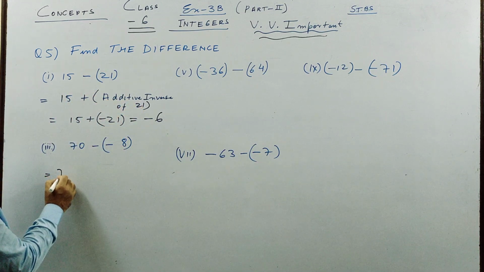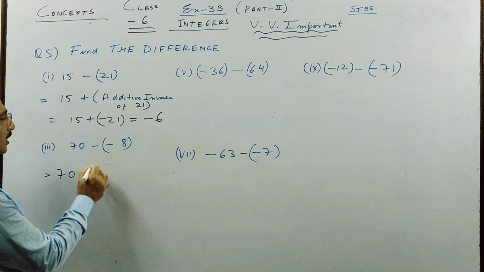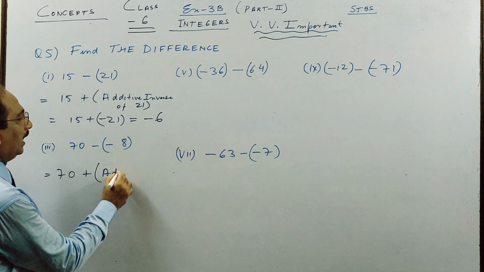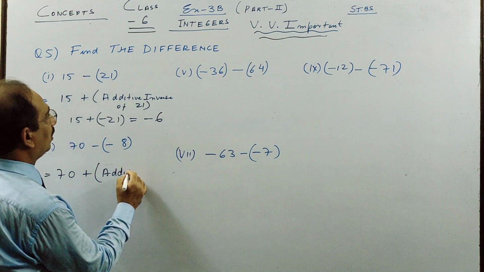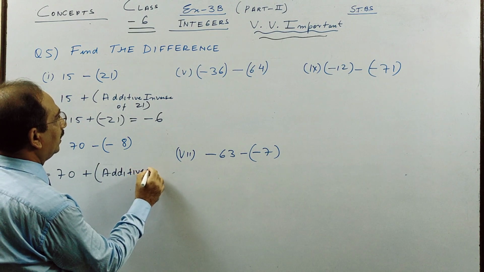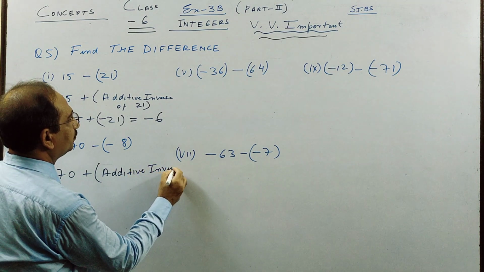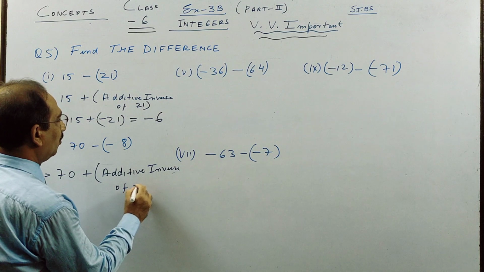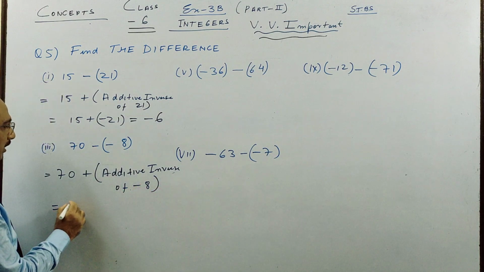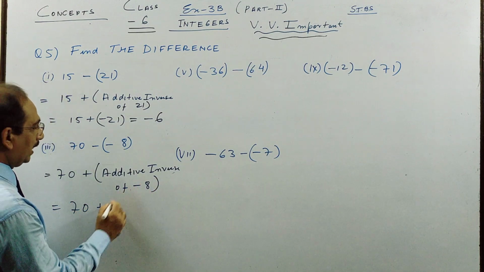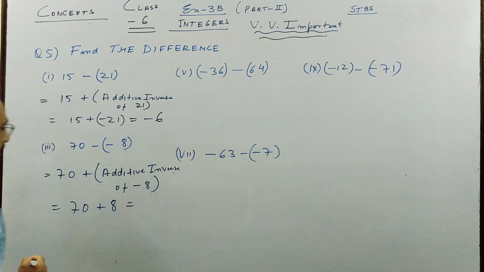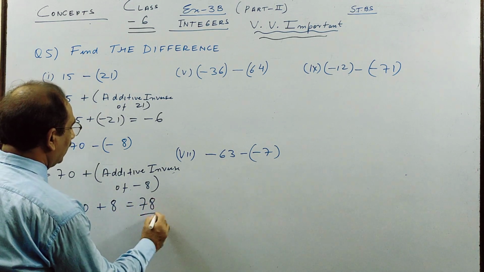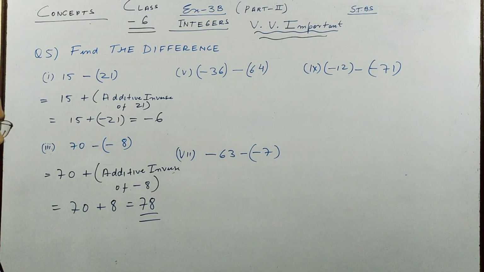Next also I'll show you. 70 minus means plus additive inverse of minus 8. So this, plus additive inverse of this, is 8. 8, if you see, is the additive inverse of minus 8. So we add, we get 78.